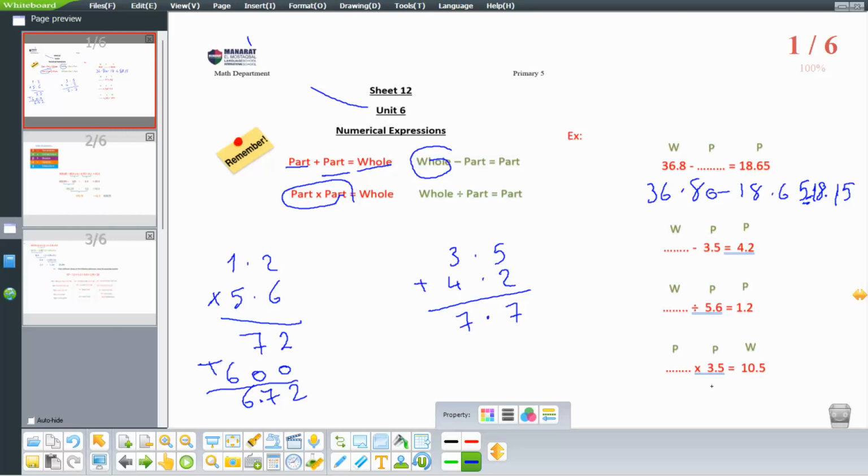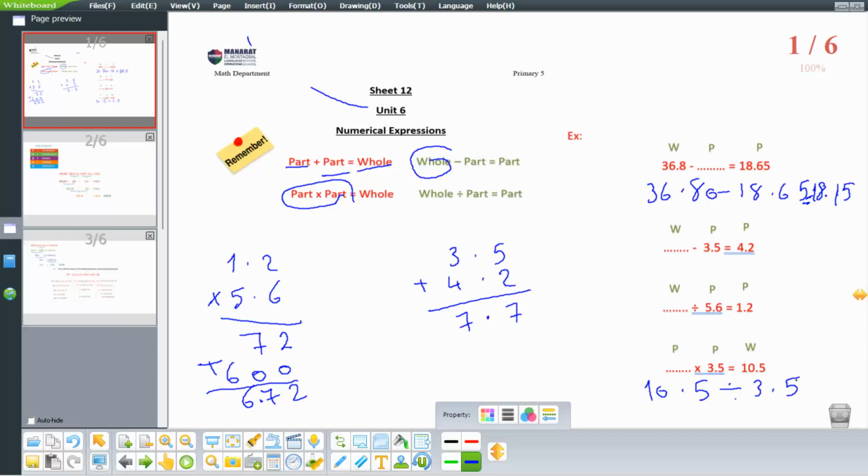Here, if we have multiplication and we have missing numbers, if I want to get part, we are going to divide. So let's divide whole divided by part. So it will be 10.5 divided by 3.5.